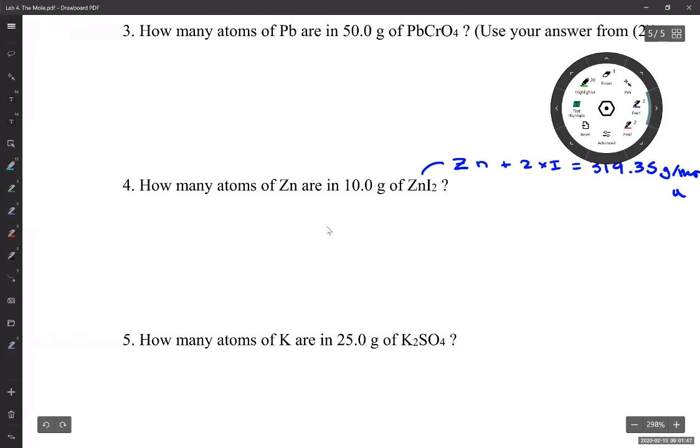So now, I have 10.0 grams of zinc iodide, and I want atoms of zinc. Let me write the process that you use for these every time, okay?